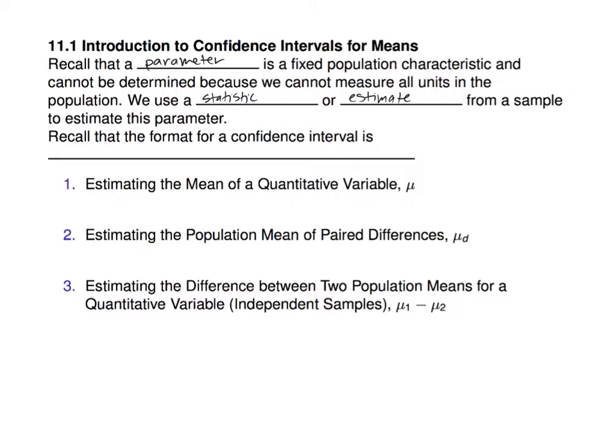What is the really general format for a confidence interval? You've got your sample statistic, which I'll call my sample stat, plus or minus some multiplier times the standard error of your sample stat.